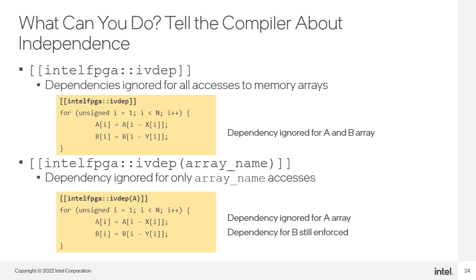You can ask the compiler to ignore dependency for a specific array only by declaring the array in the ivdep construct. The second example shows dependency will be ignored for array A but will be enforced for array B. Be careful when using this construct, as you might break the code functionality if dependencies actually do exist in your code.